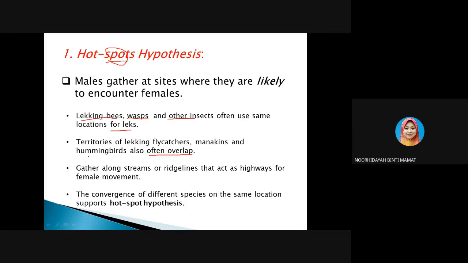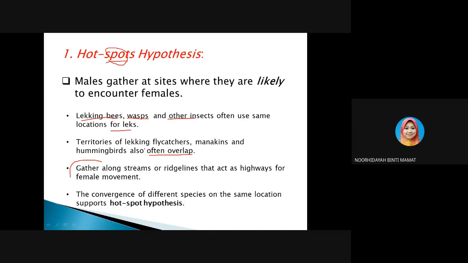Those animals gather along streams or ridge lines that act as highways for female movement. So these are the preferred locations they choose for the lekking site, along the streams or the ridge lines, which act as highways for female movement.